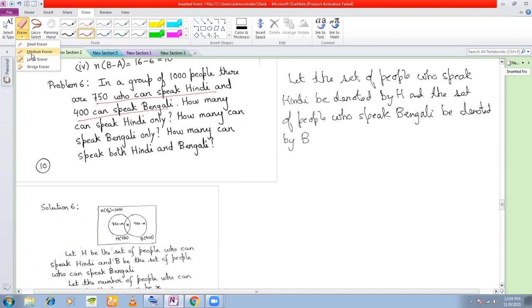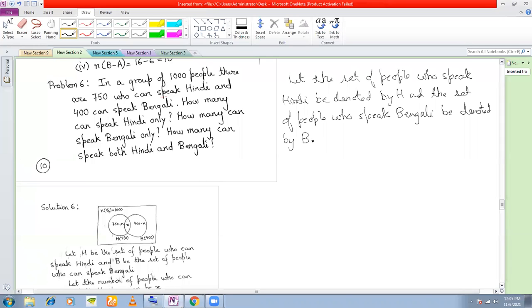Only when I say Hindi only do these people not speak Bengali. But the word only is not there in both. So among these 750 people who can speak Hindi, there are certain people who can speak Bengali also. Among the 400 people who can speak Bengali, there are certain people who can speak Hindi also, right?